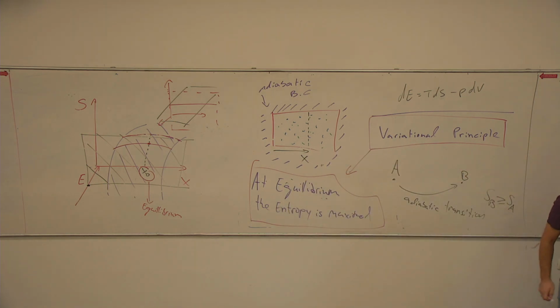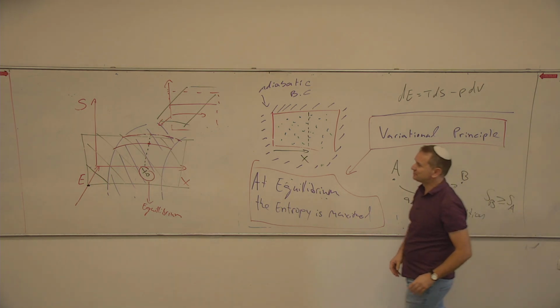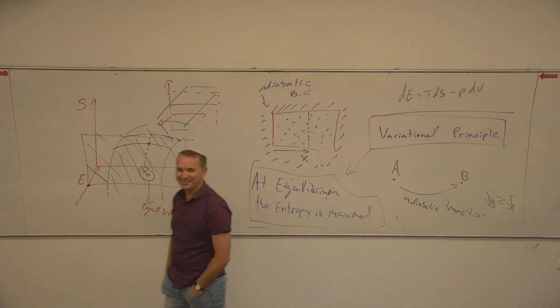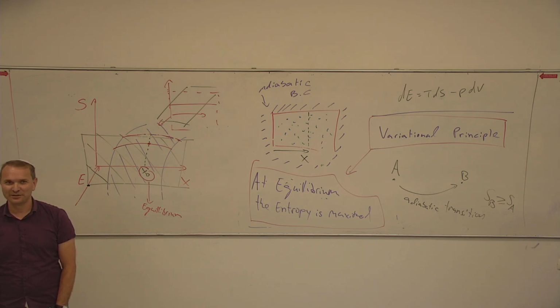Any other questions? Yes. When I look at the graph like this, I instinctively think that this highest point is supposed to be unstable. But the change in entropy must always be bigger than zero, right?